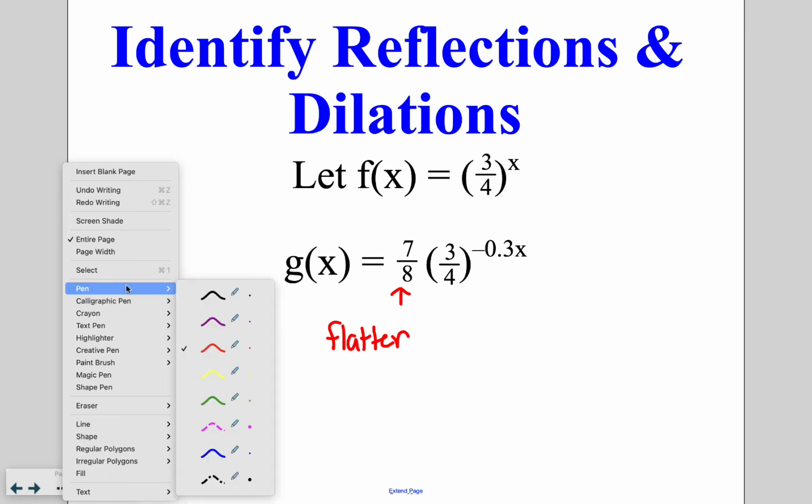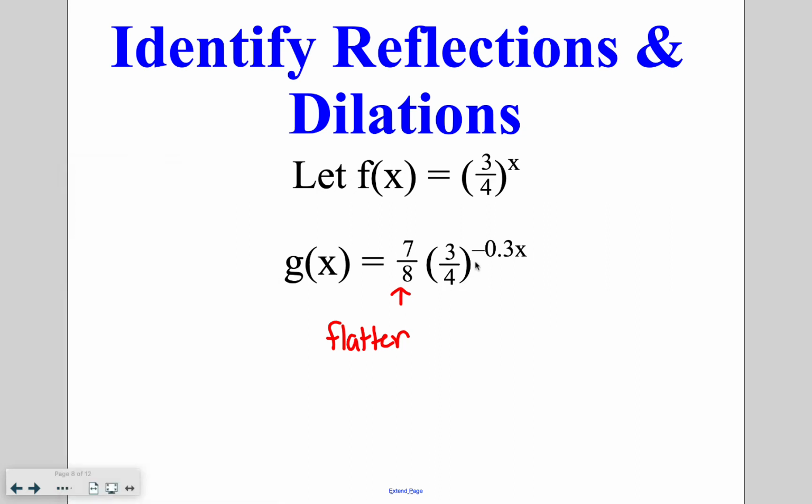When I hop up to the exponent, I now have a negative in that exponent, so that is going to tell me that it is a horizontal reflection. So that means we have flipped it from left to right. So I've got a horizontal reflection.